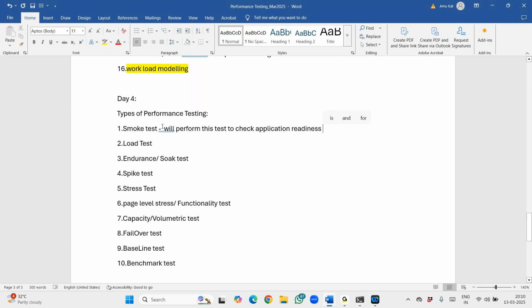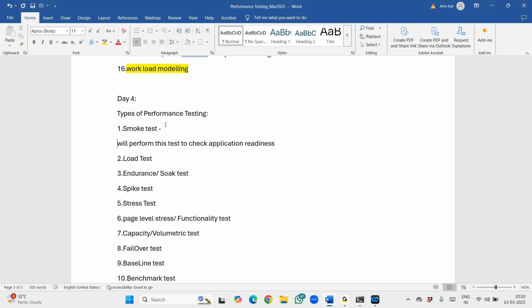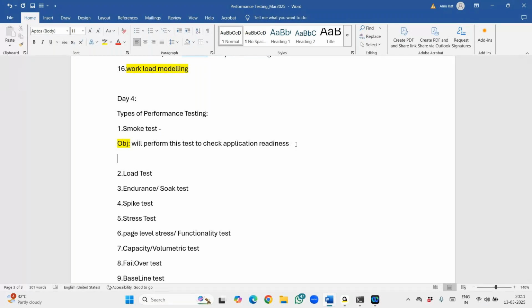The main motto, I'll write it like this, is the objective: we are going to check whether the application is ready or not. And how many minutes do we plan? For a smoke test, we plan for a minimum of 5 to 10 minutes.